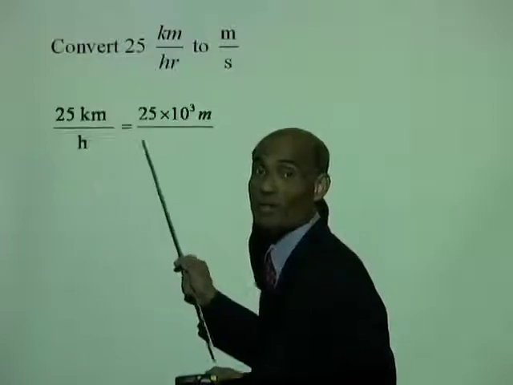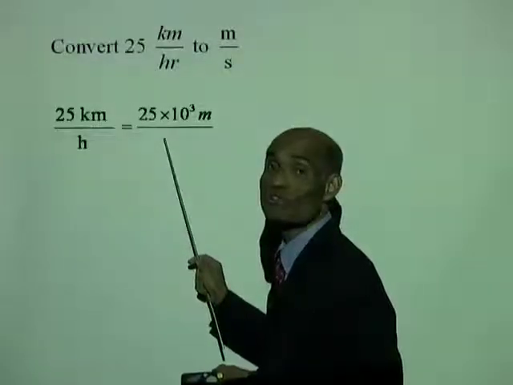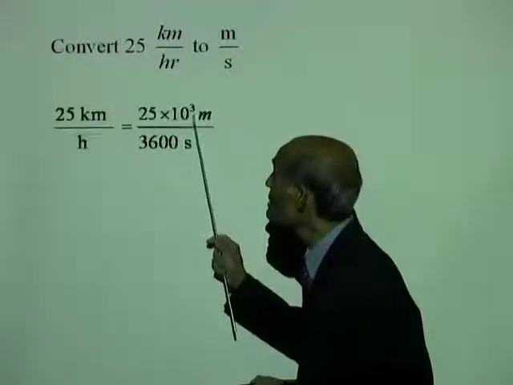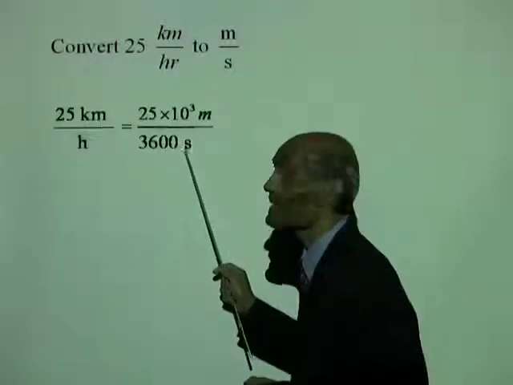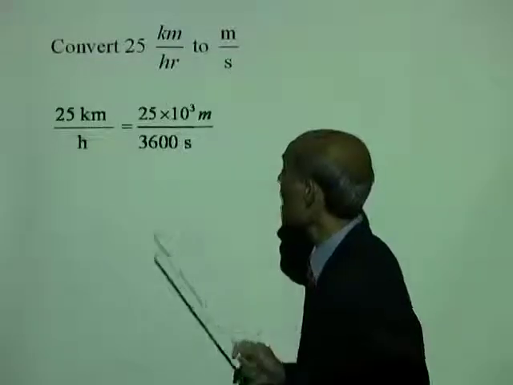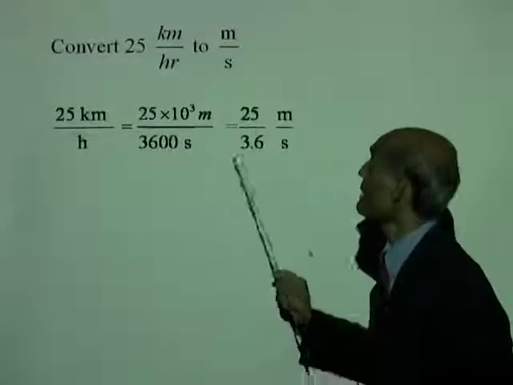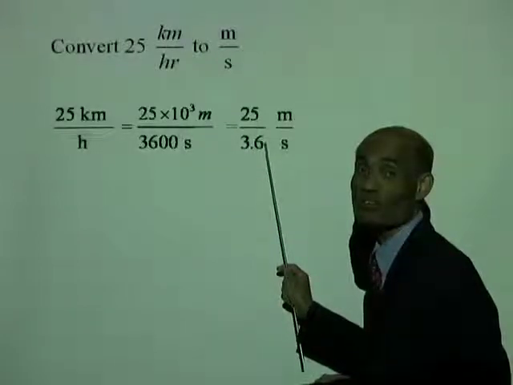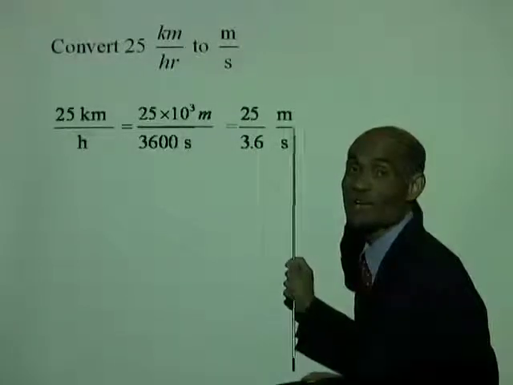And 1 hour is how many seconds? 3,600 seconds. You can see the unit is now meter per second. Alright, simplify this, what do you get? That will be 25 divided by 3.6 meter per second.